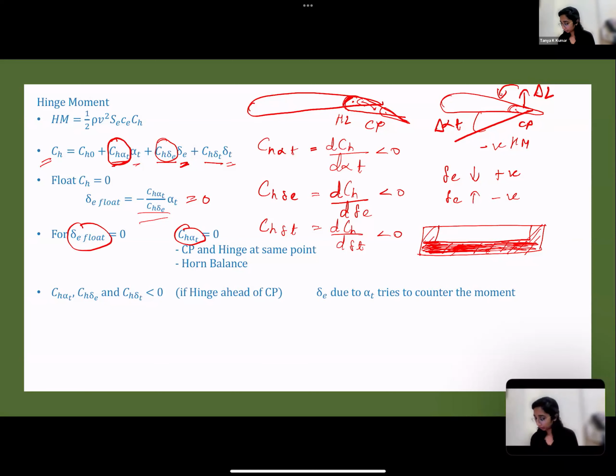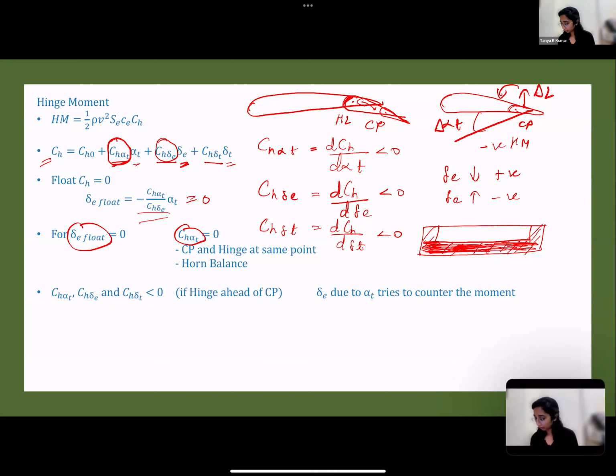Pushing the stick forward is considered positive. If you push the stick forward, it means that the aircraft flies with a greater velocity. If you have to fly at a greater velocity, you need to reduce your CL, otherwise the trim conditions will not be maintained.